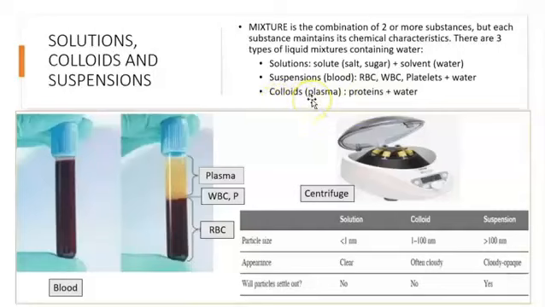This water mixed with proteins is a colloid. So a suspension is when they are mixed like this, but these red blood cells will go to the bottom. In that case, they are suspended. But when they are mixed and they cannot be separated anymore, then this becomes a colloid. Colloids and suspensions all vary basically depending on the particle size.